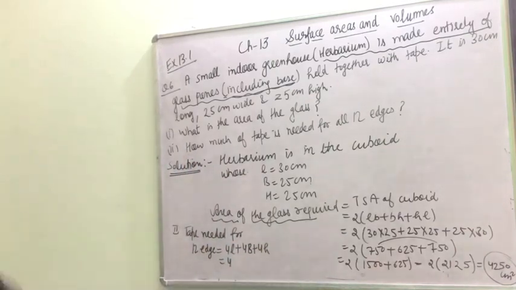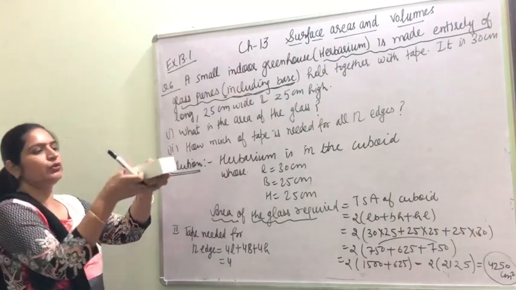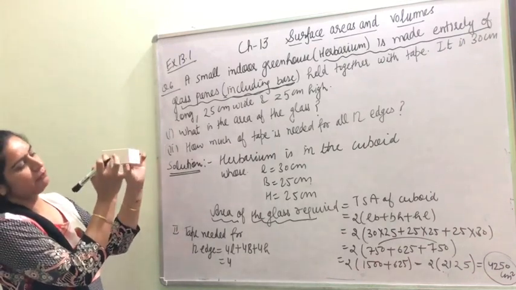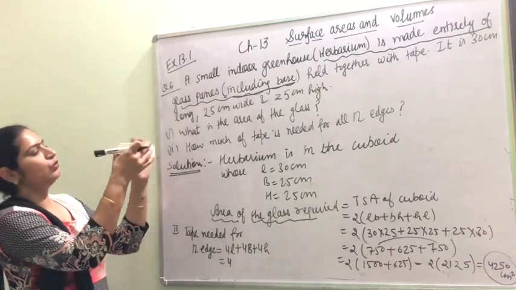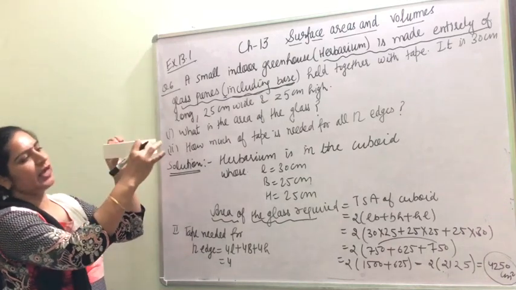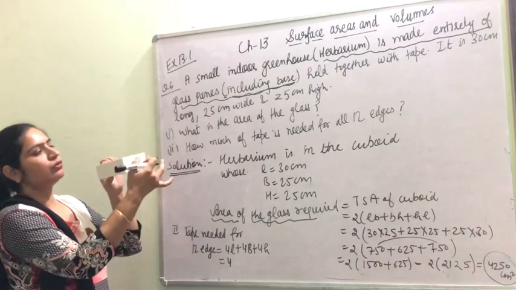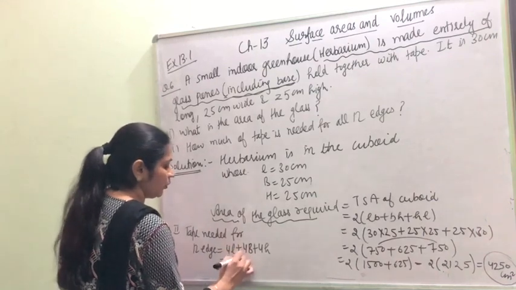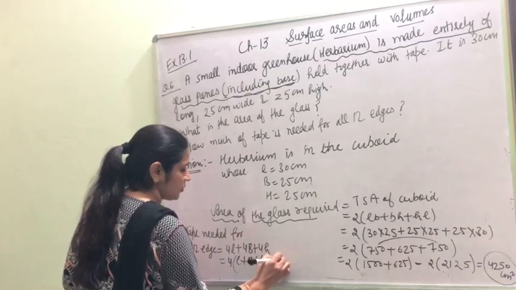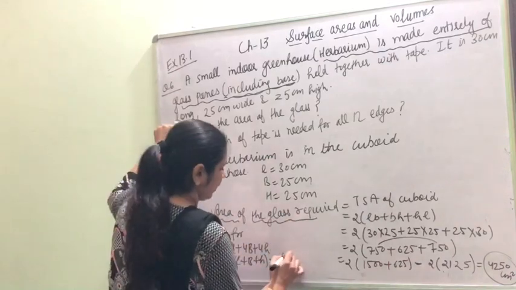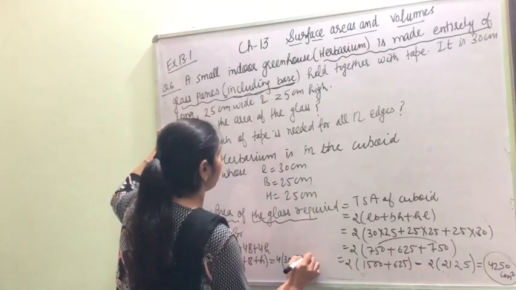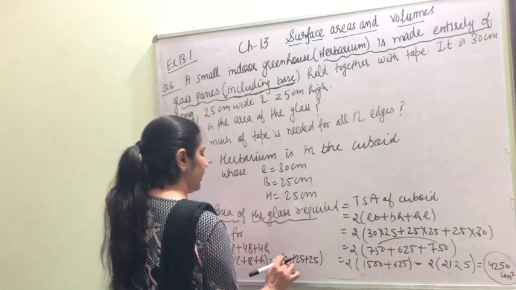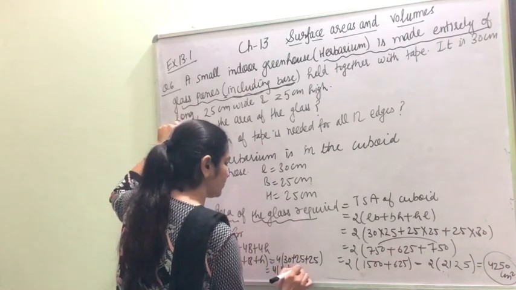Again, I am showing you this cuboid 1, 2, 3 and 4. 4 times L, and again I am showing you. 80. 80 into 4 is 320.